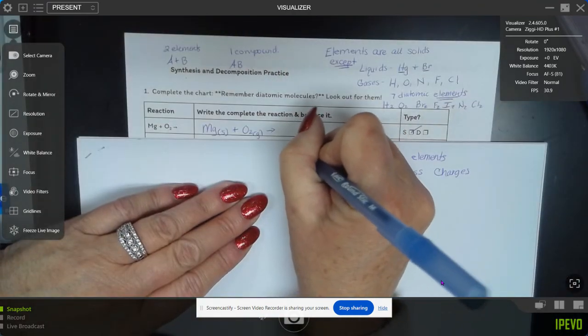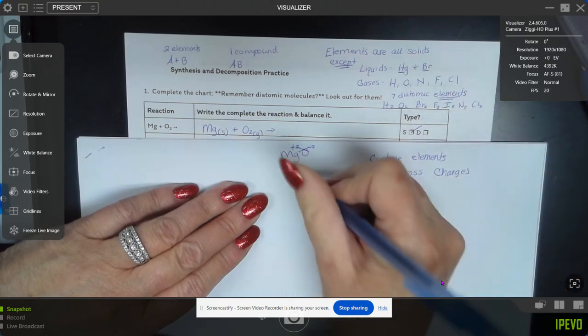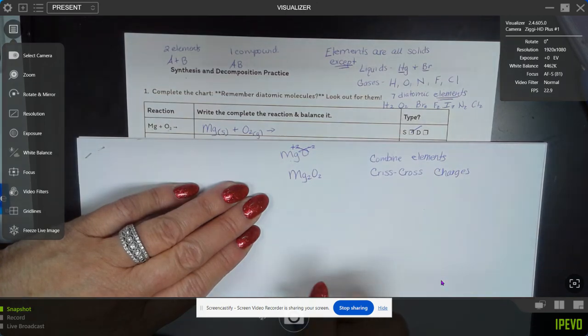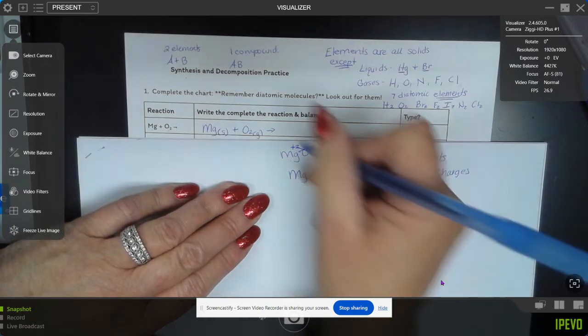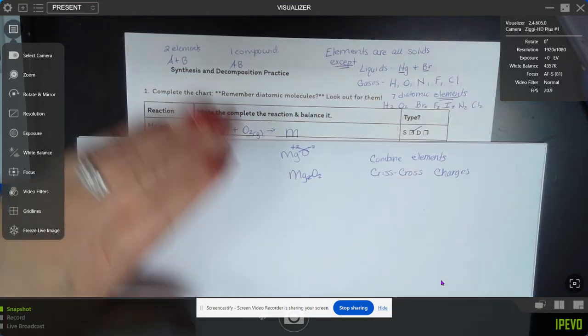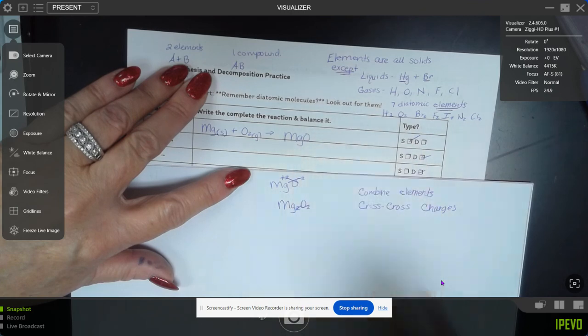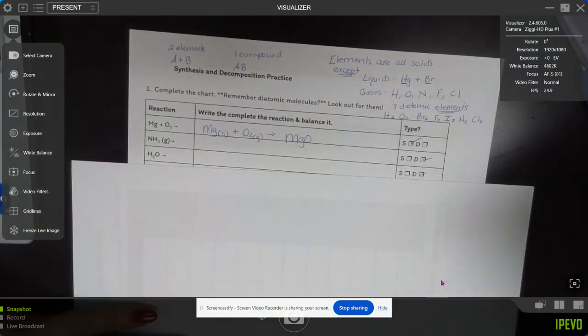So magnesium's +2, oxygen's -2. Remember, if we crisscross those, we would come up with Mg2O2. We are going to simplify every compound if it can be simplified. So this ends up just being MgO.